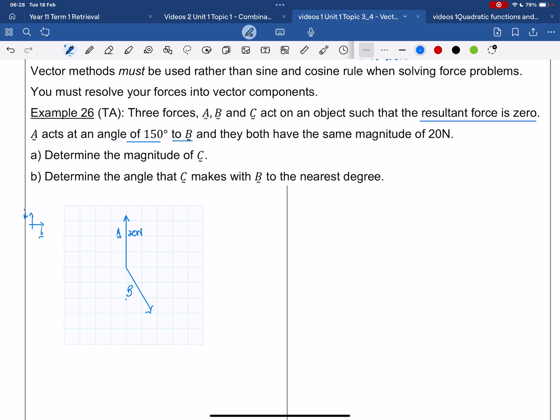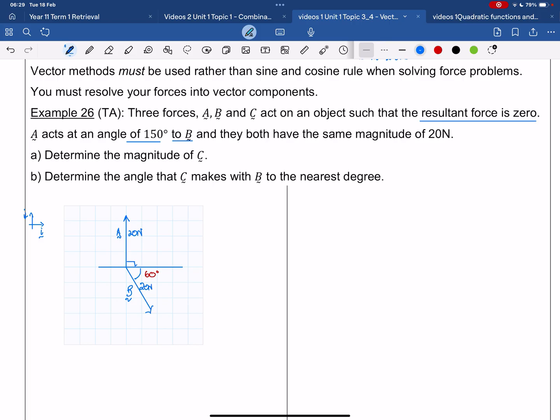So here's B. It's also 20 newtons, but that little bit of information is going to help me to resolve things. So if I put an axis in here, I know that that's a 90-degree angle, and so that must be a 60-degree angle.